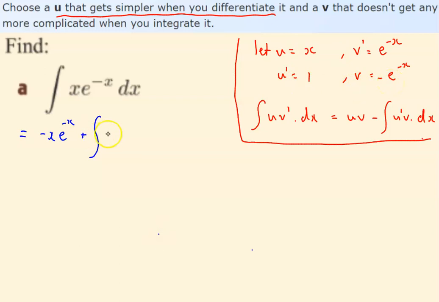Let's put the negative out in front here, so e to the minus x times 1. The first pair of terms I don't need to do anything to. But if I integrate e to the minus x, it becomes e to the minus x divided by negative 1. And now we throw in that constant of plus c.